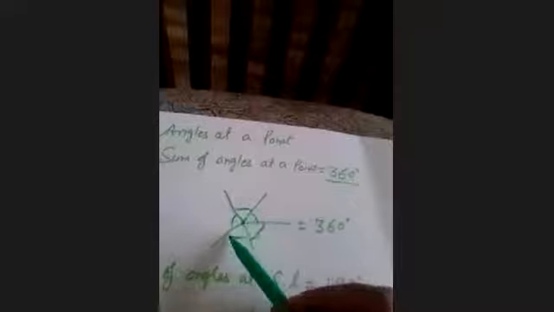If we add all these angles, then our sum is 360 degrees. Dear students, now let us consider one more.